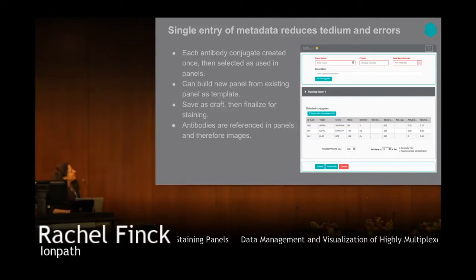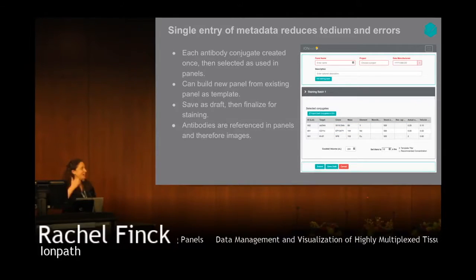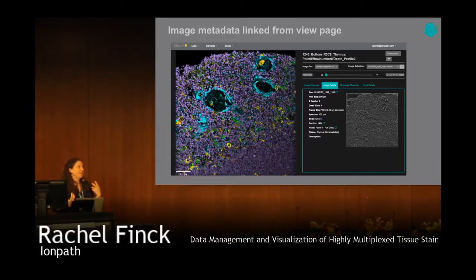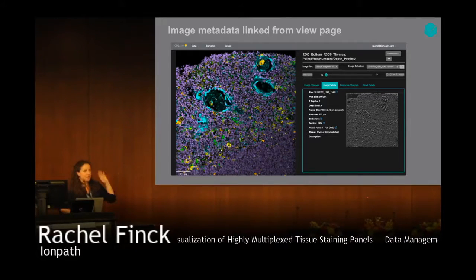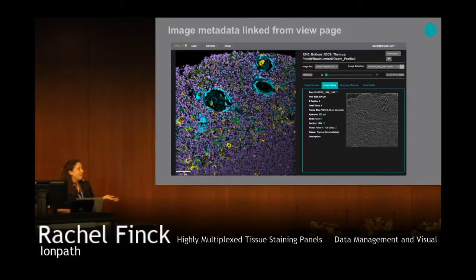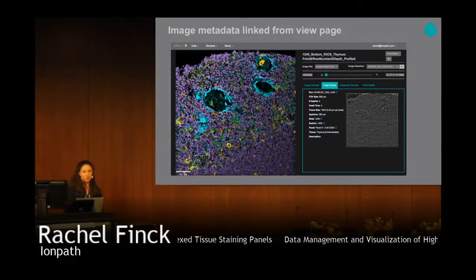And of course, once you have all that information, you have these complex relationships, but that's okay. We just want to display the things that the user most cares about alongside every single image, and then also have these links out to the more detailed information for the slide or for the panel or for the tissue section.